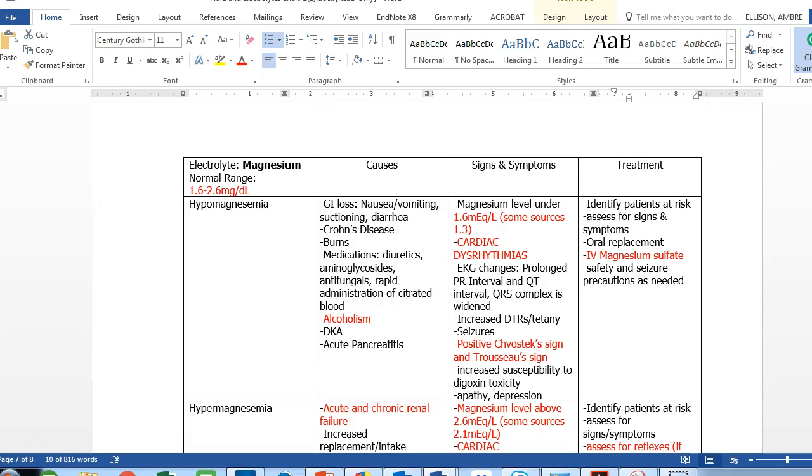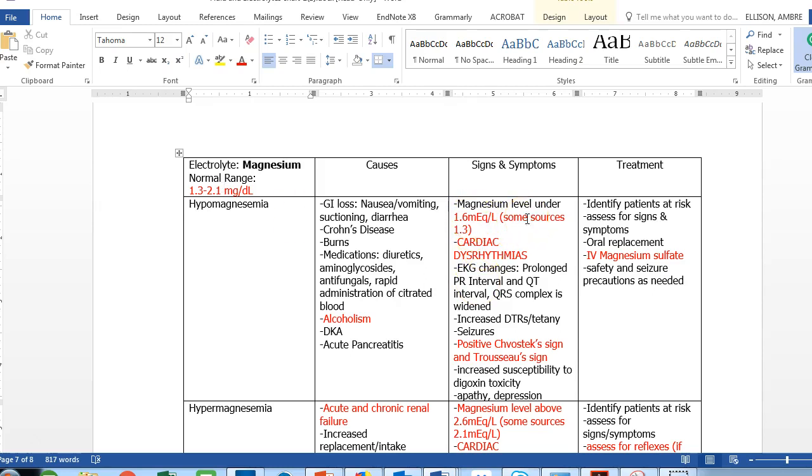ATI says that the number is 1.3 to 2.1. So I guess I should change this to 1.3 to 2.1 because that's what ATI says, and we want to be what ATI says. 1.3 to 2.1. All right.